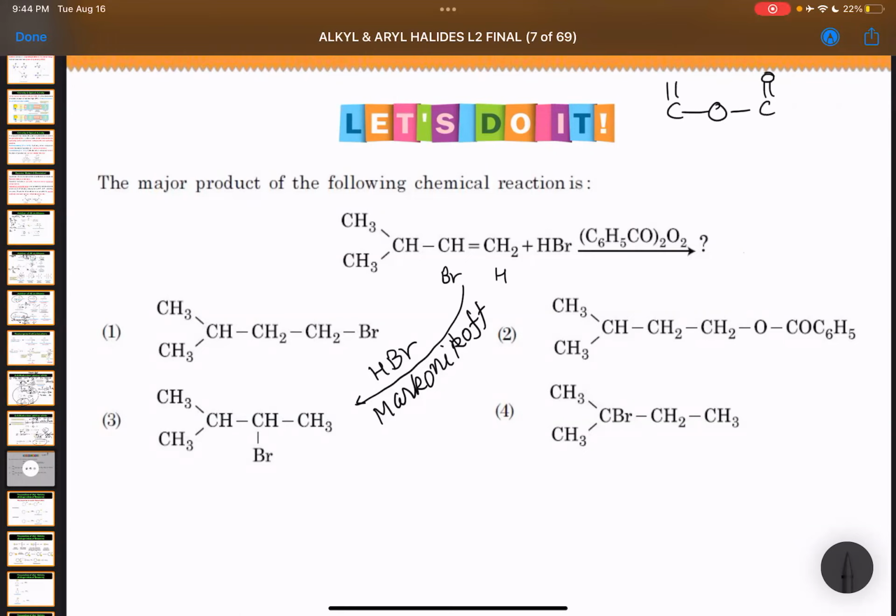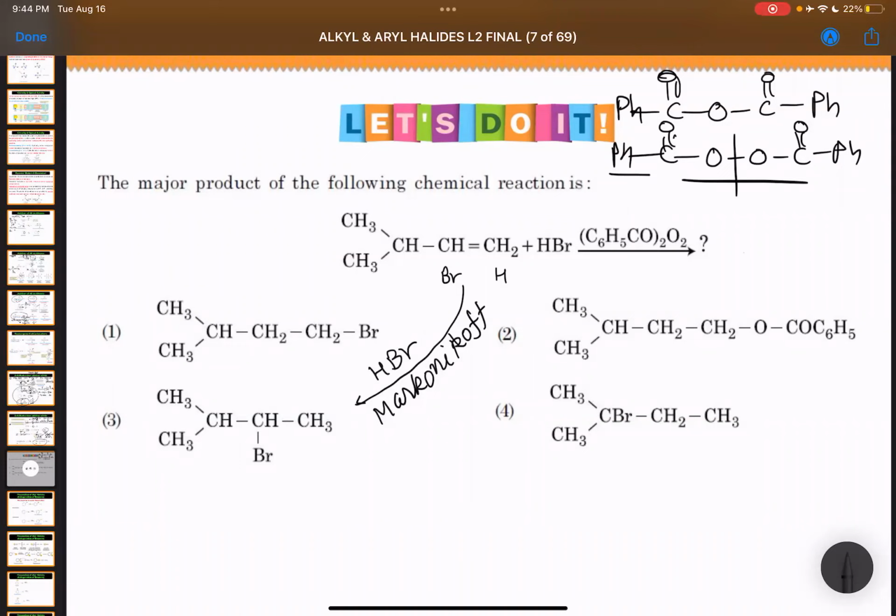There is only one oxygen. This is benzoic anhydride. And this is benzoyl peroxide. So it depends upon the oxygen number. Yeah, the middle oxygen. Peroxide has that O-O linkage.